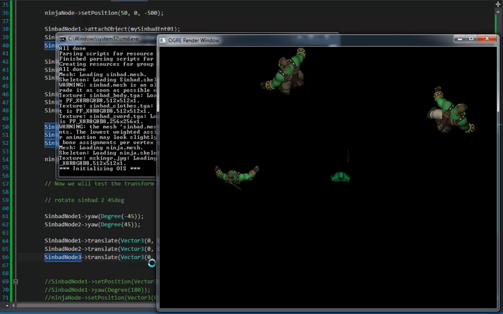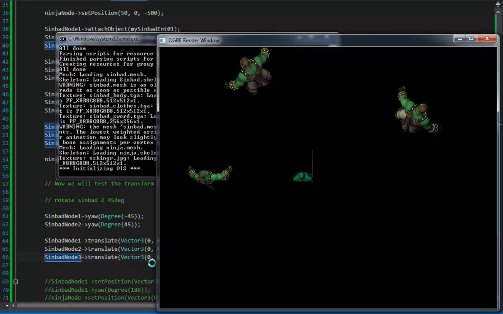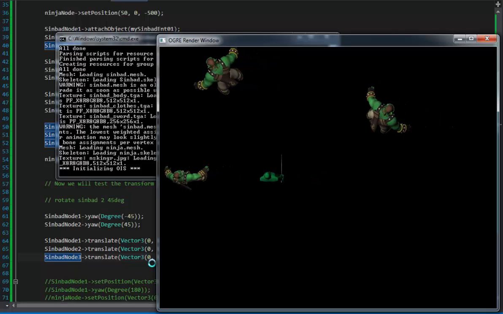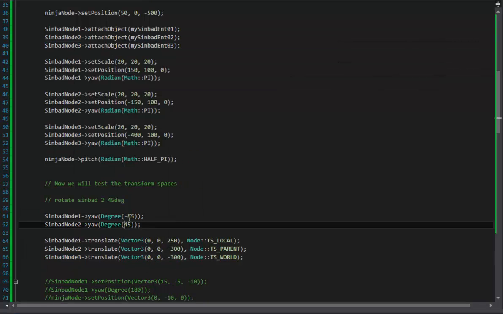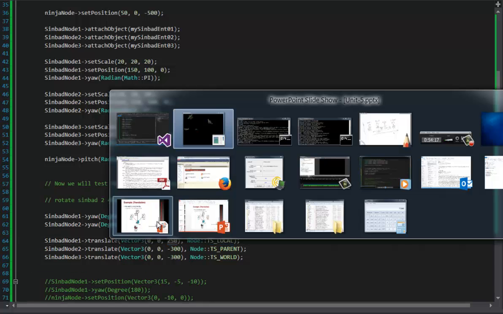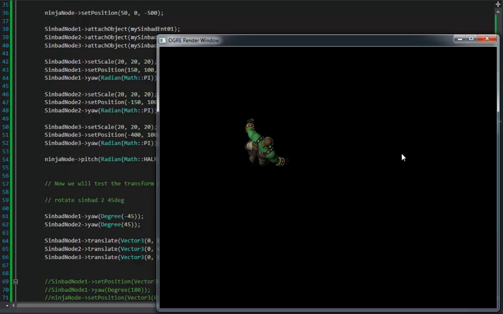And finally, the Sinbad node 1, which I translated along its local coordinate system, moved diagonally. The z-axis of itself was diagonal, at 45 degrees, which we set at these angles here, -45 and +45. So the local z-axis is 45 degrees diagonal, and the first Sinbad moved diagonally.